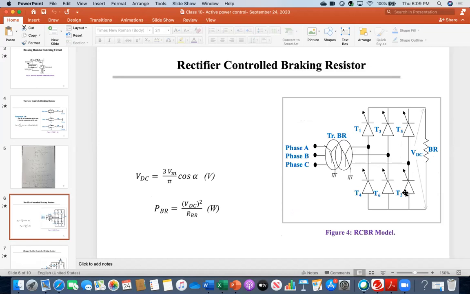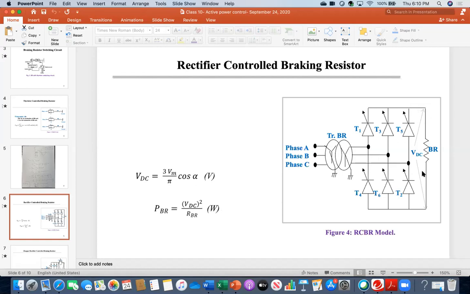You all know how it works, because this is a rectifier. It follows this equation: VDC = 3 Vm/pi cosine of alpha. Here this side is AC and Vm is the peak line voltage of the input AC side. On this side, you will get this amount of DC.